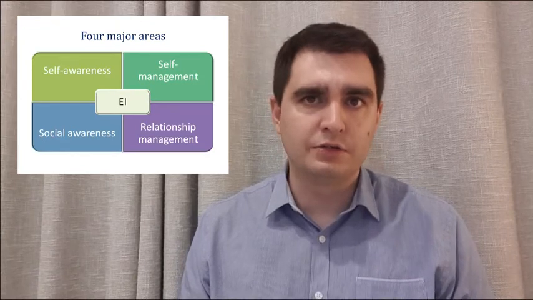These 5 factors can be summarized into a very simple model that basically consists of being aware of your own emotions as well as managing your own emotions, and also being aware of the emotions of others and managing the emotions of others in relationship.